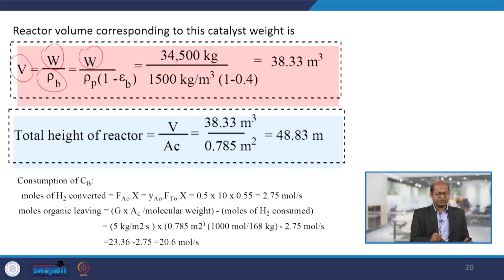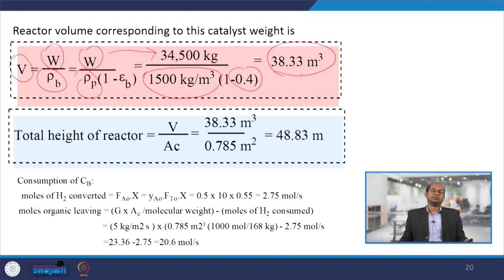The quantity of catalyst required we know, the density of the particles we know, and the bed porosity we know. After substituting all these components, we can find the total volume of the reactor for x equal to 60% conversion. That much reactor volume you have to take and that much quantity of catalyst you have to use.